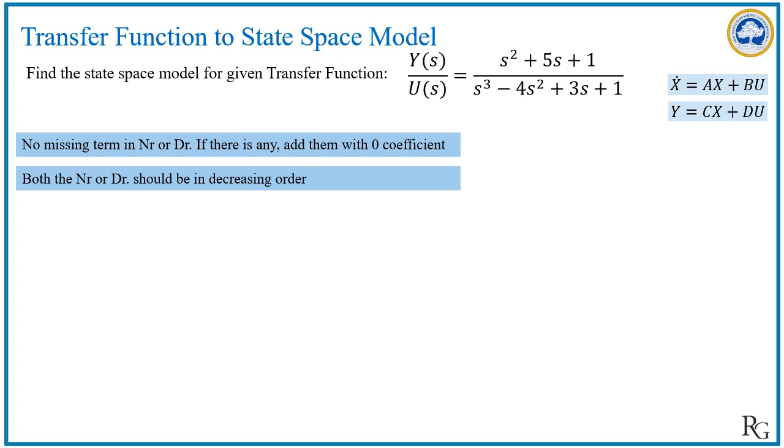That means the first term is s cube, the second term should be s square, the third term should be s to the power 1, and the last term should be a constant. Same in the numerator: if the first term is s square, the second term should be s to the power 1 and the third term should be s to the power 0. And if it is not like that, we should arrange all those terms in decreasing order of power of s.